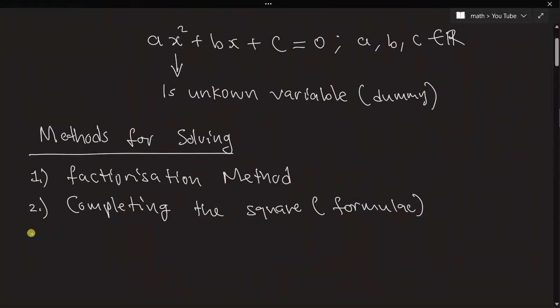And then lastly, we have the graphical method. So these are the techniques that we know so far that can be employed to solve quadratic equations. We have also other techniques like Vieta's methods, but we are not going to bother about that at the moment.